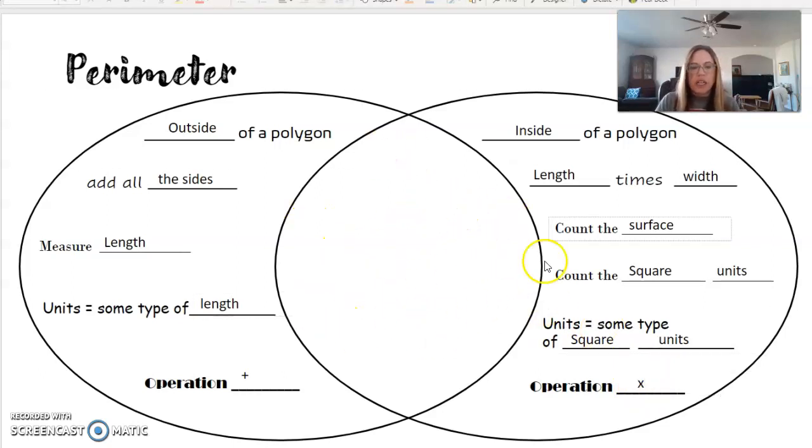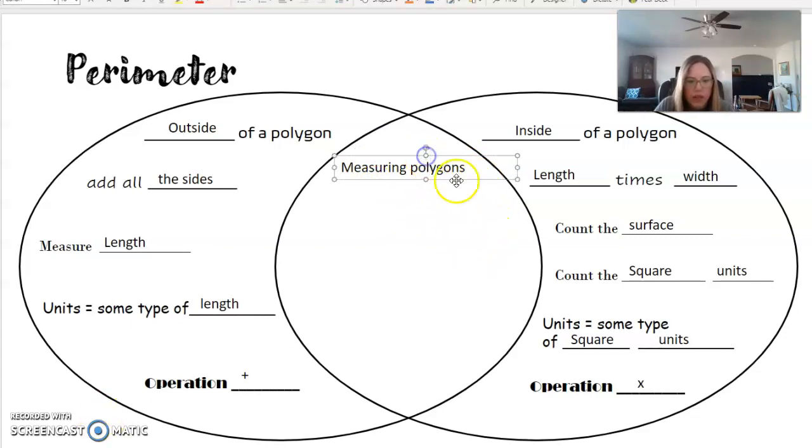So this circle of a Venn diagram is always, what do they have in common? What do you notice that they have in common? What would you put in the middle? Well, we're certainly measuring things. And what are we measuring in each case? Polygons, right? Measuring polygons. What else do they have in common?